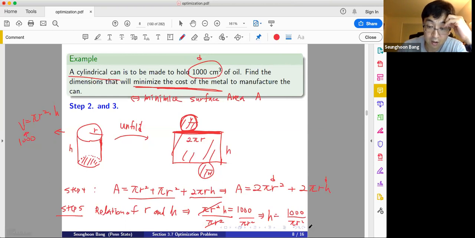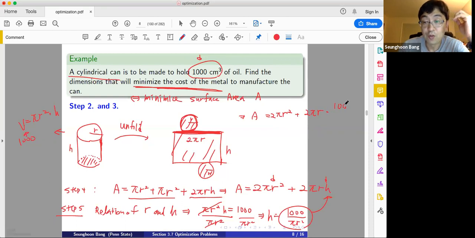You can plug this h value into here. So what's that? A is 2 pi r square plus 2 pi r times h, which is 1,000 over pi r square. The pi is crossed out. The r is crossed out.